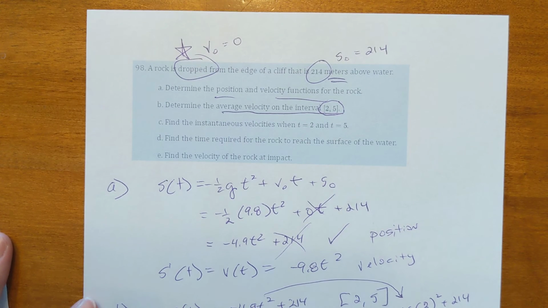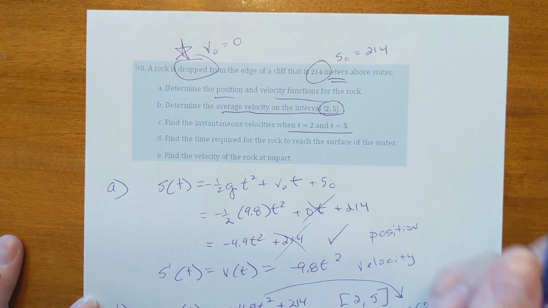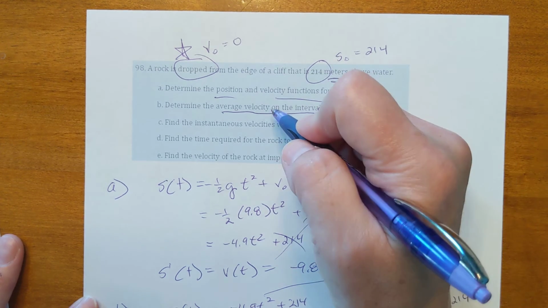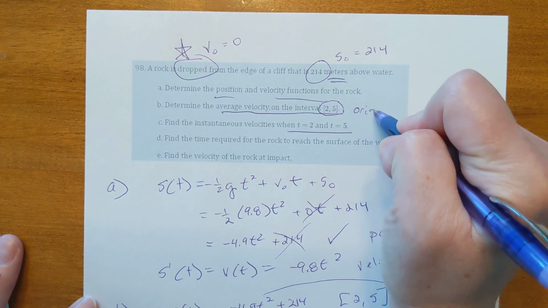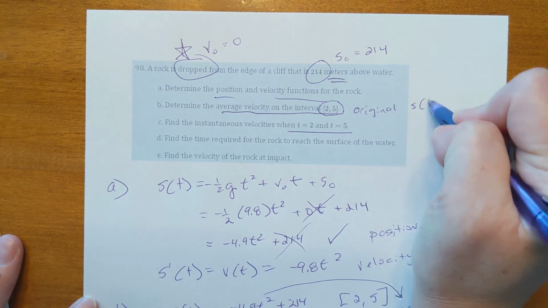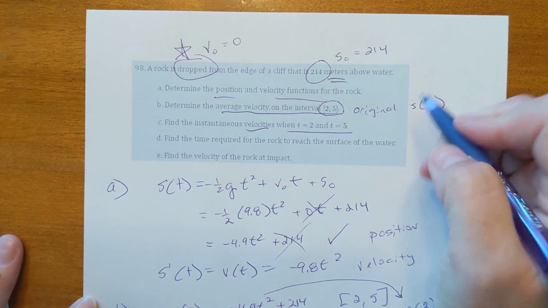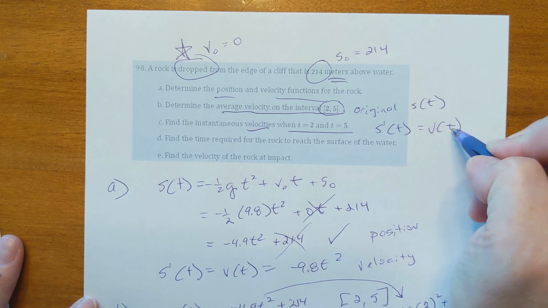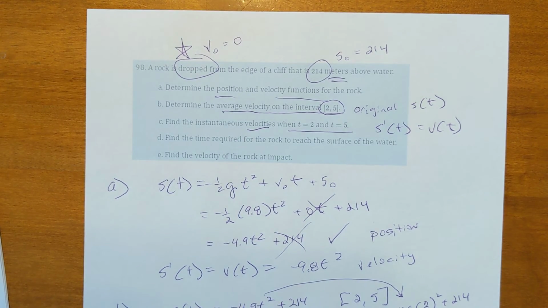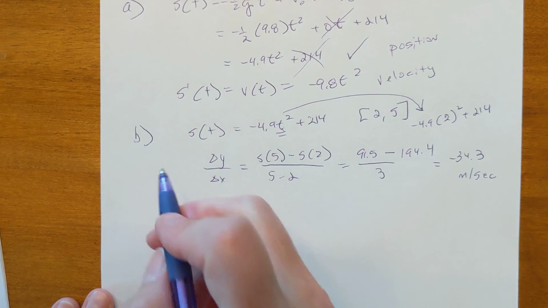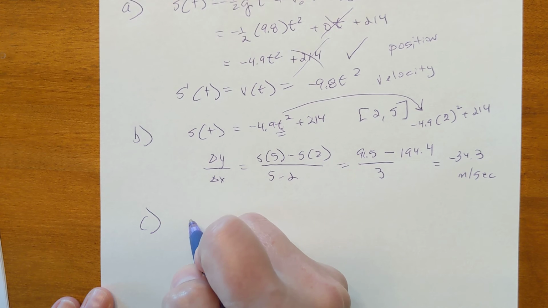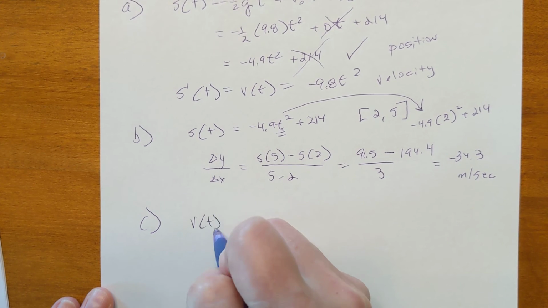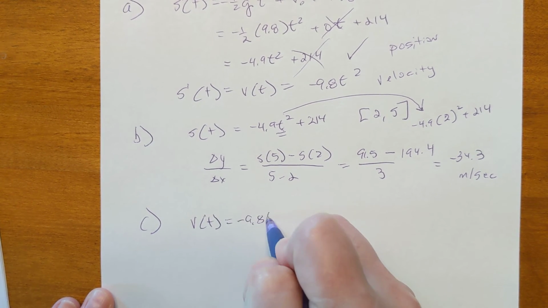On letter C, they want to know the instantaneous velocity at the time equal to 2 and 5. Instantaneous, so again, this is the original function, which is S of t. The new one, instantaneous velocity, you have to use the derivative of it, which is the velocity when you take the derivative of the position. So we're going to use the velocity function here on C, which was negative 9.8 t squared.